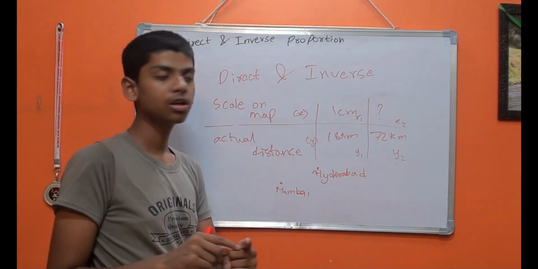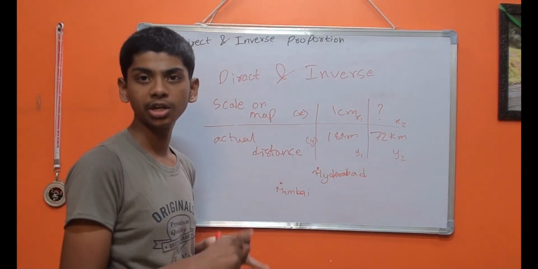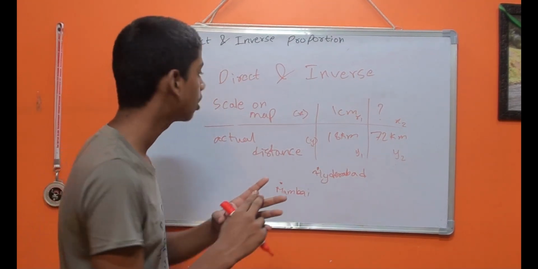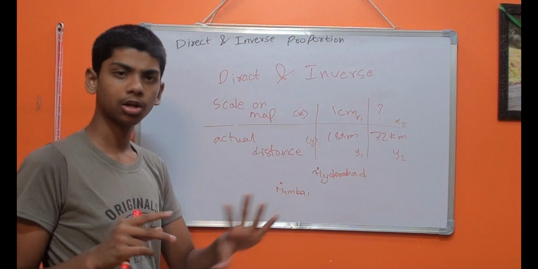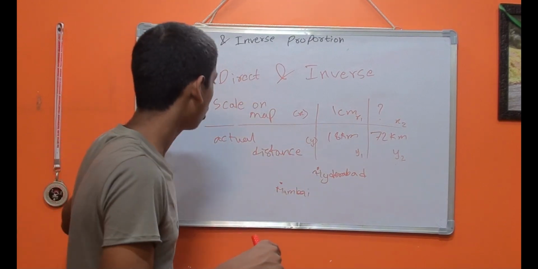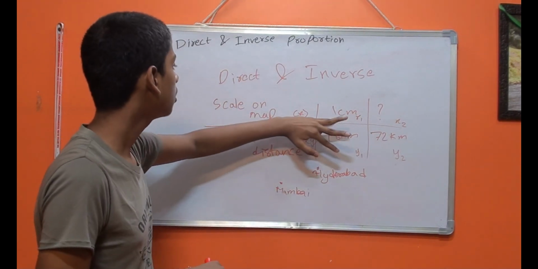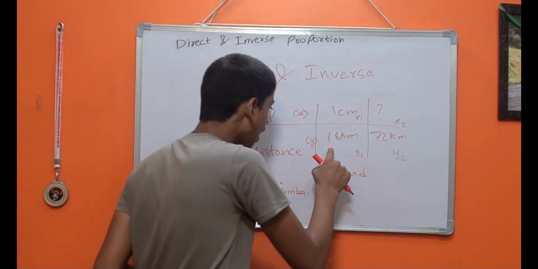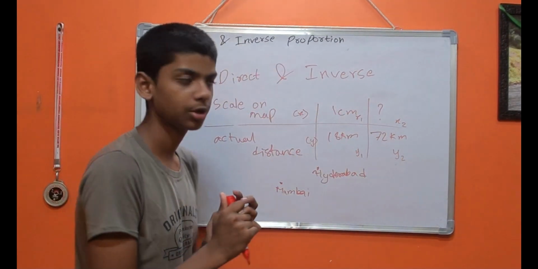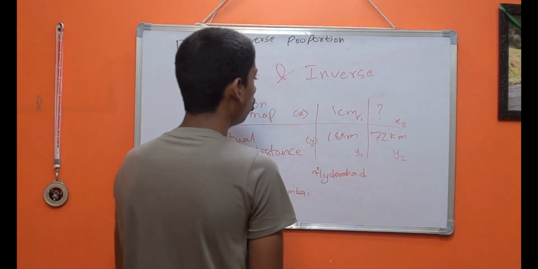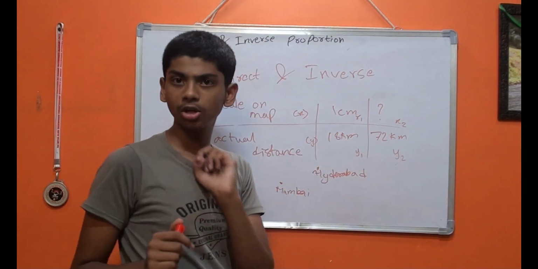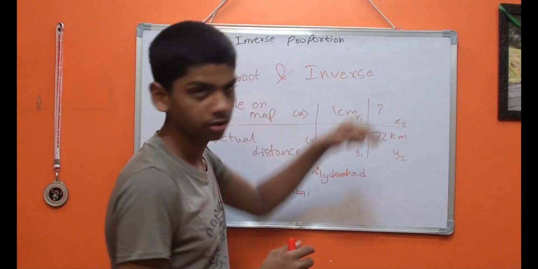That scale says, for example, 1 centimeter equals 20 kilometers, or 1 centimeter equals 70 kilometers, or 1 centimeter equals 5 kilometers, like that. Now here on the map, from a place to another place, the distance is 1 centimeter and the actual distance is 18 kilometers. Now here we have 72 kilometers. We have to find this value.